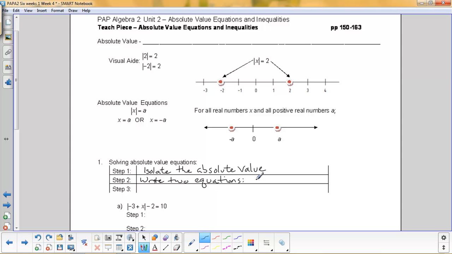One uses the positive solution and the other uses the negative solution. Step 3, solve each equation for x.